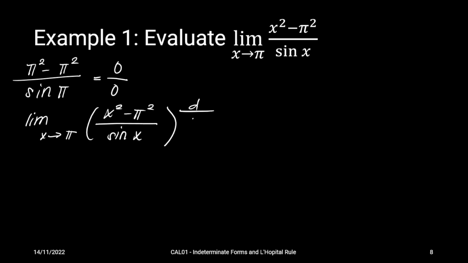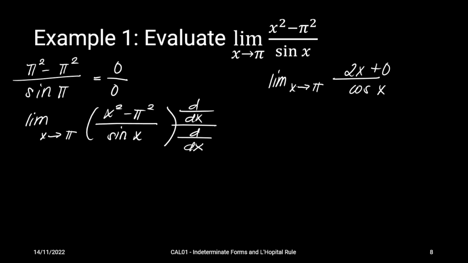So, d over dx at saka d over dx. Okay, so the derivative of x squared minus pi squared is equivalent to 2x plus 0, over the derivative of sine x, which is cosine x.